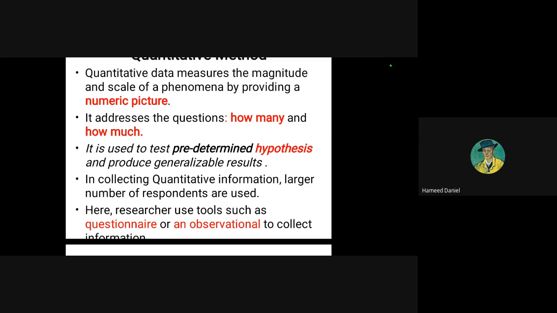And then if you are making use of a quantitative research method, and you are not making use of a questionnaire, you are going to be making use of an observational checklist. This is what the observational checklist does. Let's say you are assessing primary healthcare providers' practices of tuberculosis case detection.